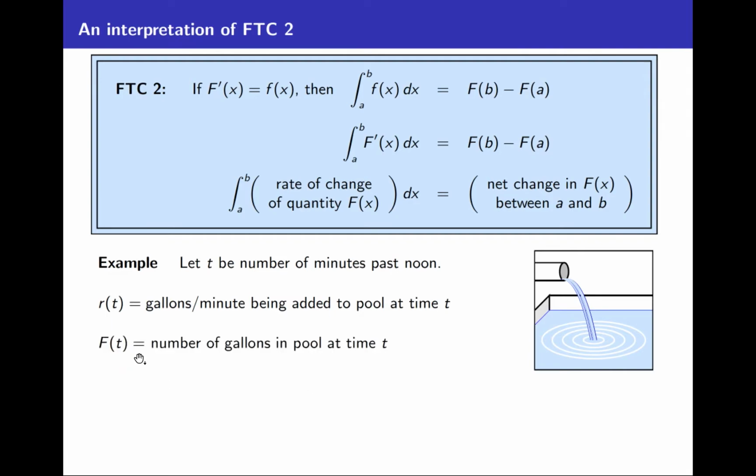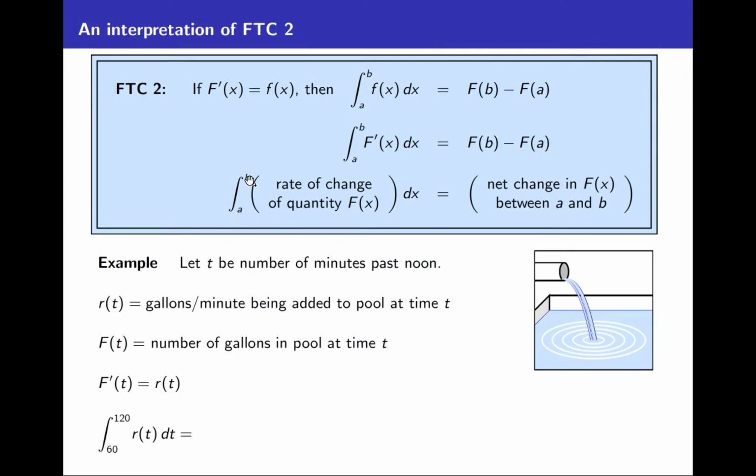Let's let big F of t be the number of gallons that are in the pool at time t. So the rate of change of the number of gallons in the pool at time t is equal to r of t, the number of gallons per minute being added to the pool. So big F prime of t is equal to r of t in this setup. So our interpretation of the fundamental theorem of calculus, part 2, in this situation, would lead to the following. Imagine you had an integral like the integral from 60 to 120 of r of t dt.